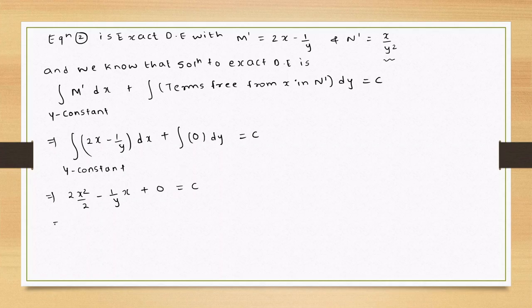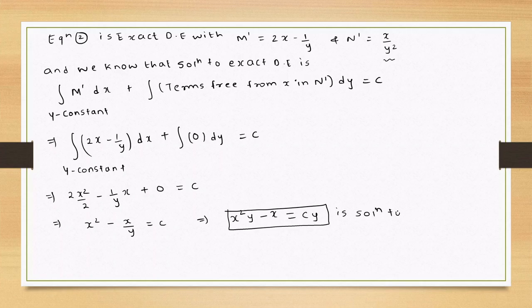So this is equals to x square minus x by y is equals to c, or we can write it as x square y minus x is equals to cy. This is the solution to exact differential equation 2, right?